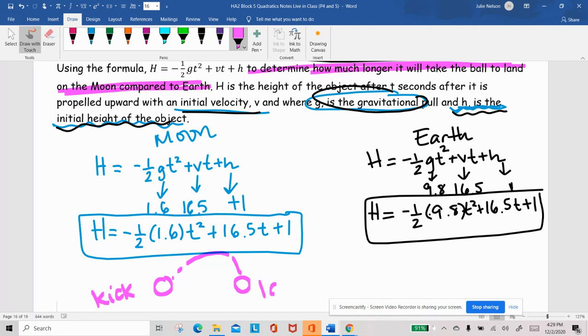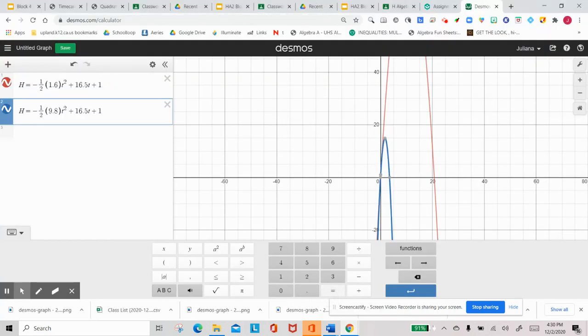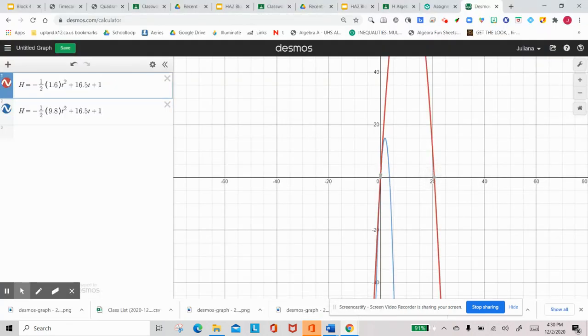So kick, land. So that means we need to find my x-intercepts. Well, let's find the x-intercepts on the first equation, which was the moon. So if I find the x-intercepts on the moon, that's the one in red.